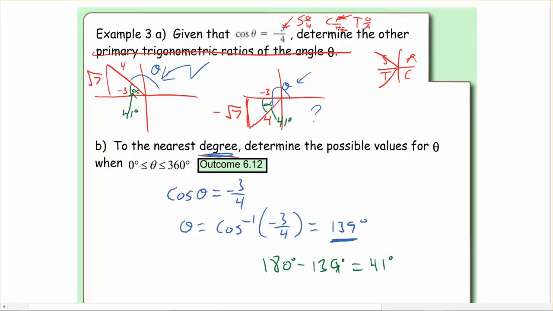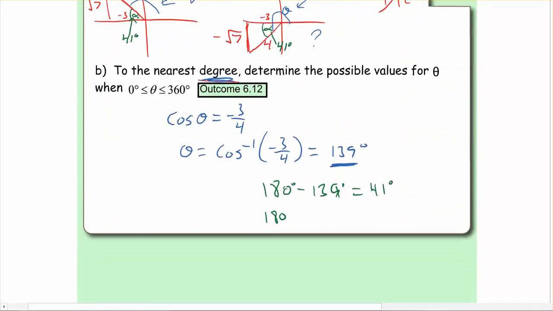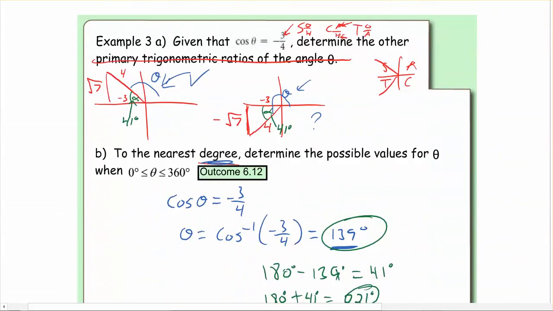So if I know that's 41 degrees, all I have to do is go 180 plus that reference angle of 41 degrees, which is equal to 221 degrees. So those are my two possible angles. Sorry about the long video. I'm going to end that one there.